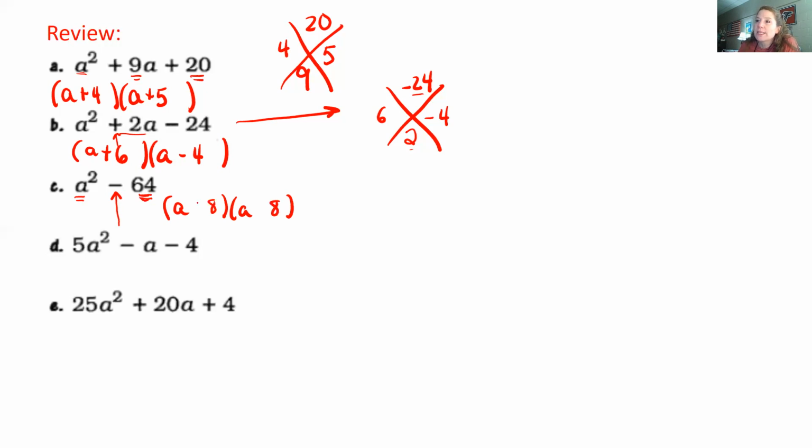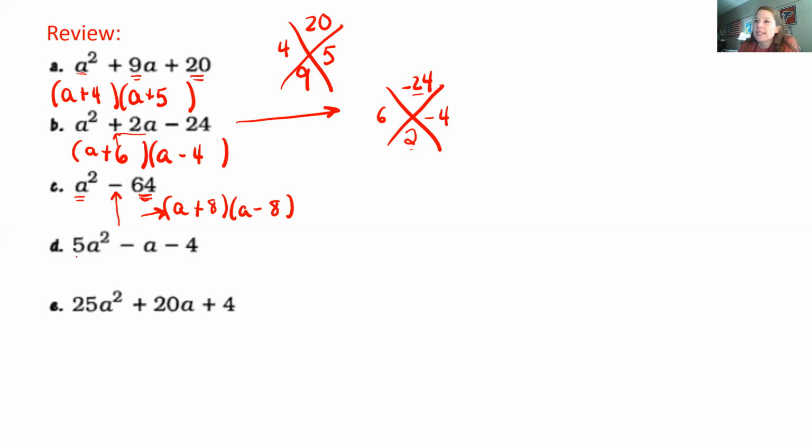And then one gets a plus and one gets a minus. So this is the difference of squares. Now, when this is a plus symbol, this would not match that because we would have a middle term if this was a plus symbol. This is only when we have the difference of squares.